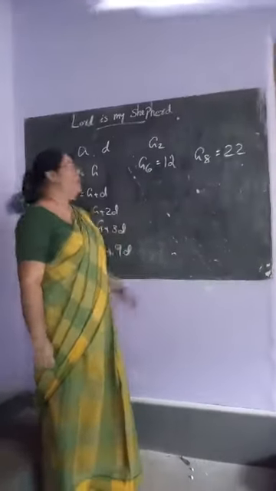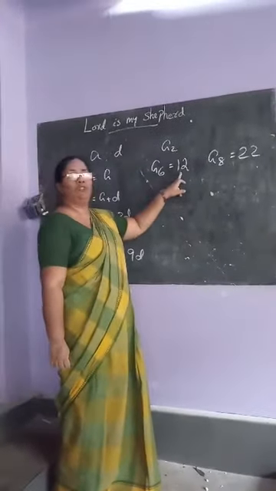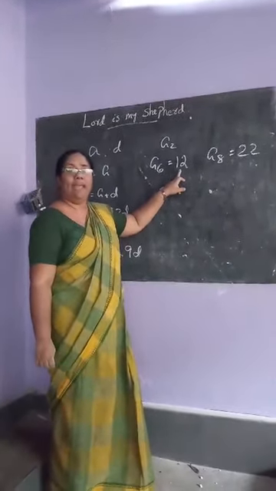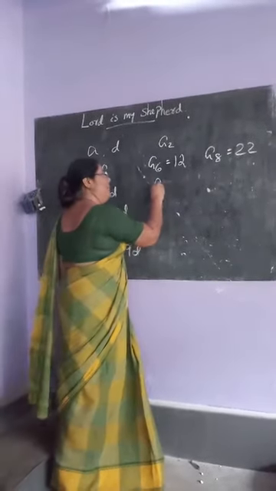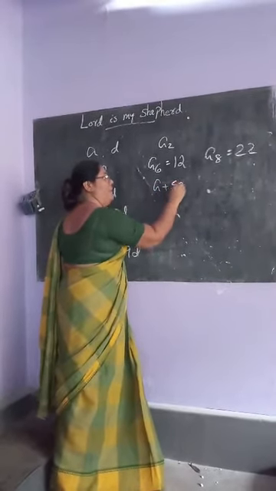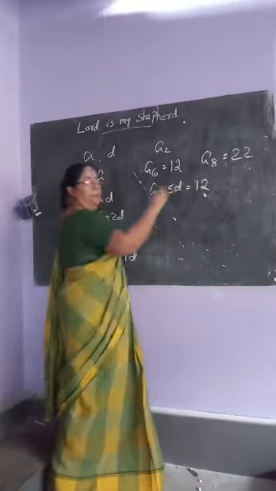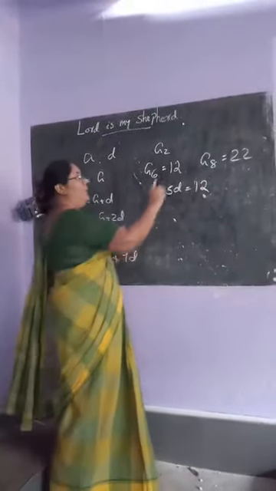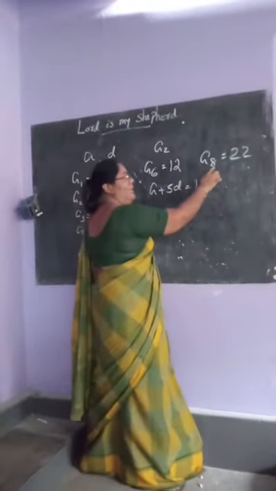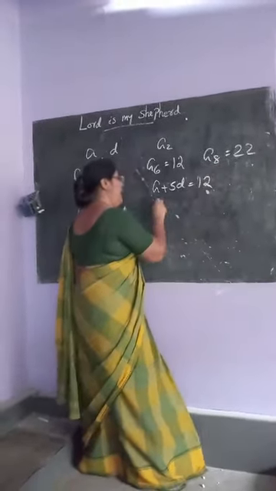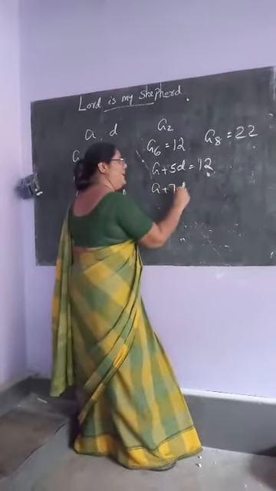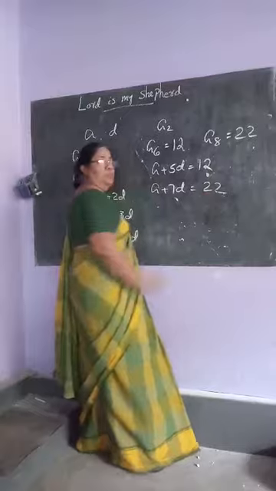Very important type. A6 is 12 means A plus 5D is equal to 12. Now, eighth term means A plus 7D is equal to 22.